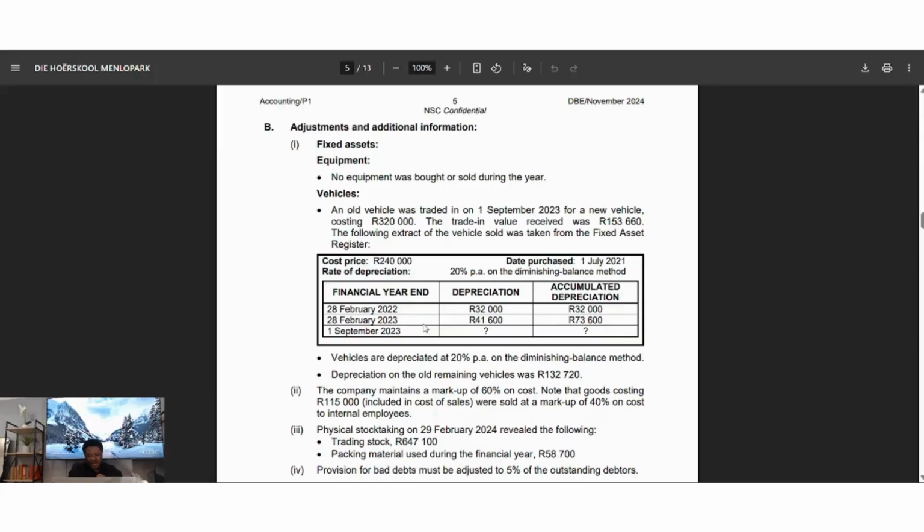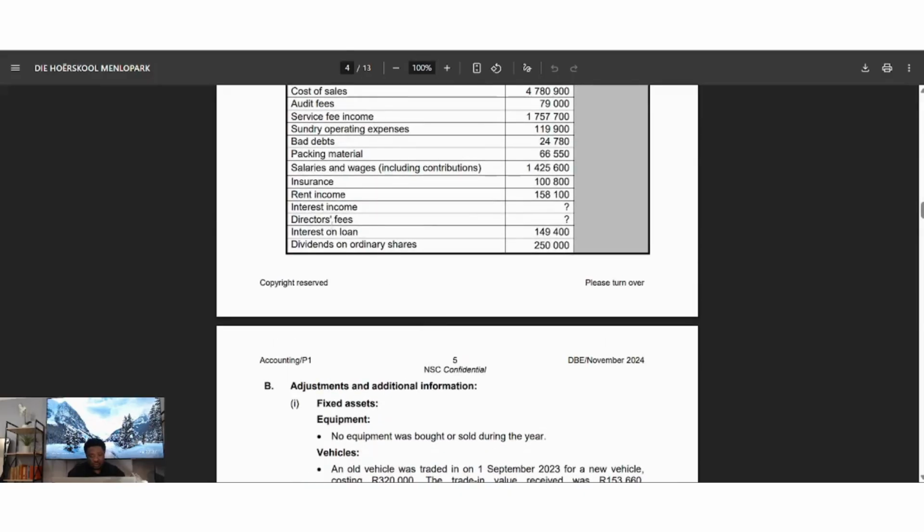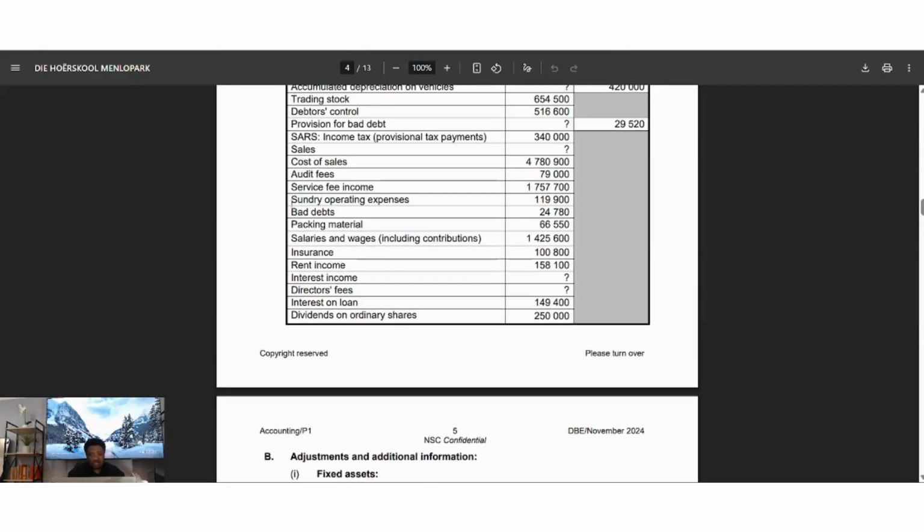All right, so the next thing that we are going to look at is whether there are any other incomes that we still need to calculate. Based on this, you can see that we got rent income. We don't have bad debts recovered, we could see here. Interest income, consider later. Director's fees, interest and loan and stuff like that.